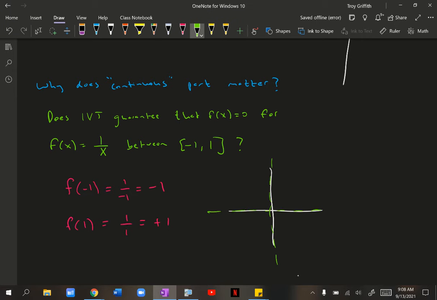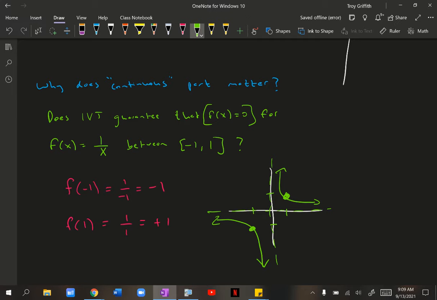This is what we call a rational function that looks like this. Okay, so here's f of -1. Here's f of +1. The question says, are we guaranteed to touch 0, or y value of 0, somewhere in between? And we can see we never touch a y value of 0.